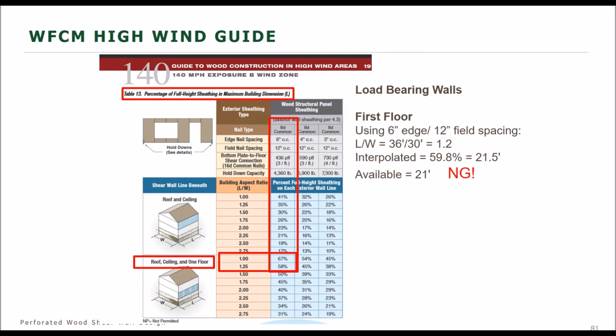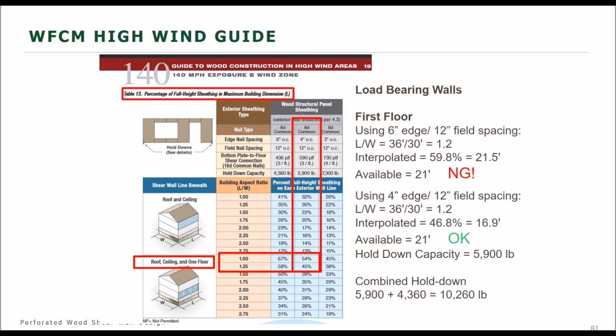So this design's not going to work. It's no good. If we go to a slightly tighter nail spacing using that 4-inch edge spacing and 12-inch field spacing, we see that we can make it work because when we interpolate, we see we need 46.8% of full height sheathing, which is 16.9 feet, which will meet our requirements of the 21 feet that we've provided.